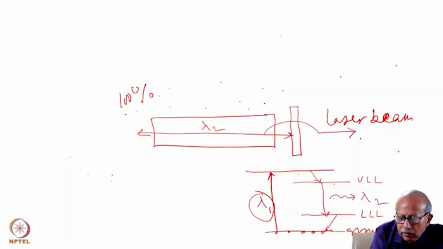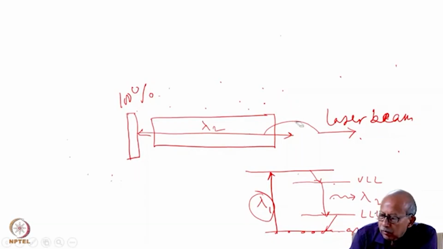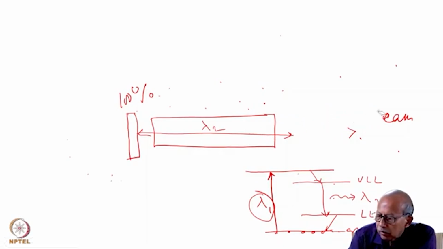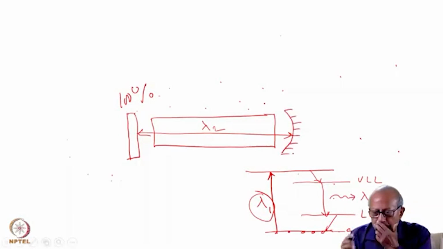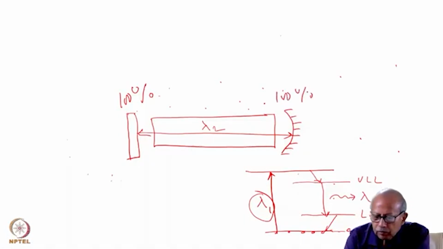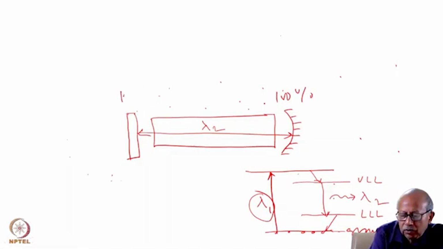This is the partially transmitting mirror, and this is the concave mirror which is 100%. And this is the partially transmitting mirror, say its transmission 10%, so reflection is 90%.